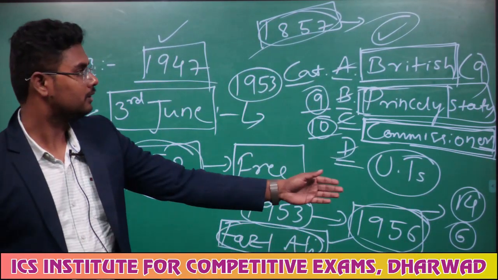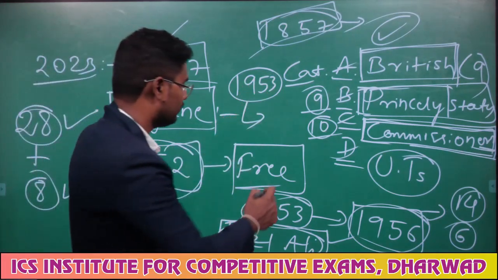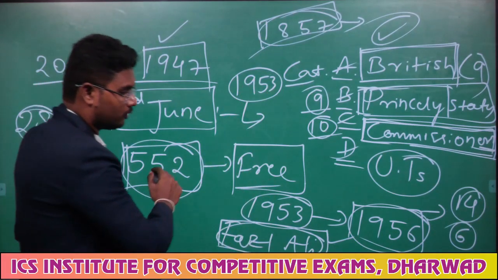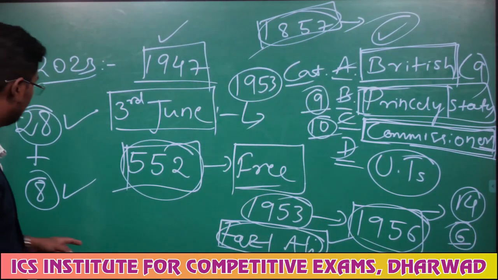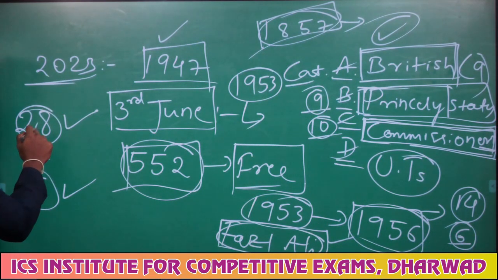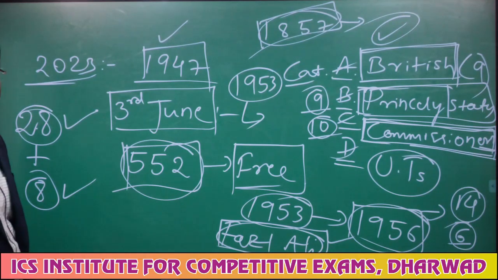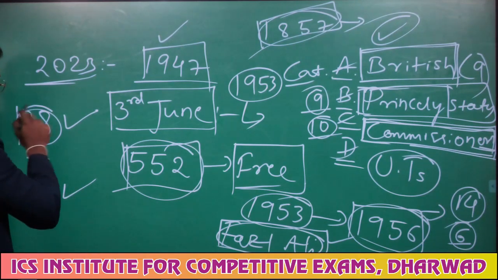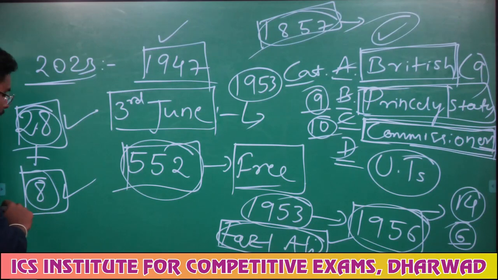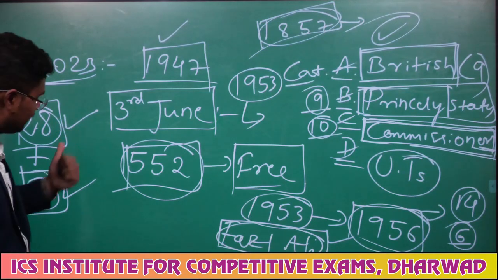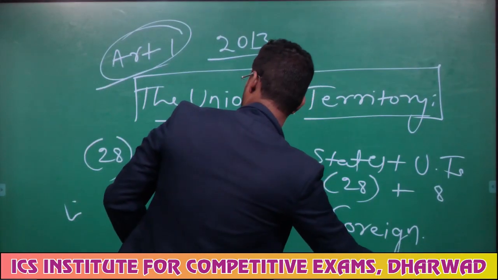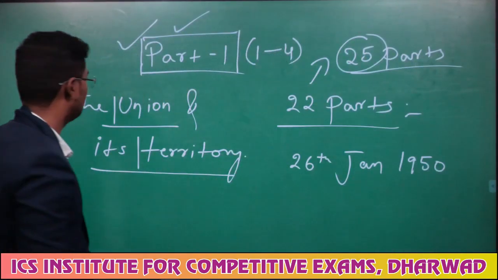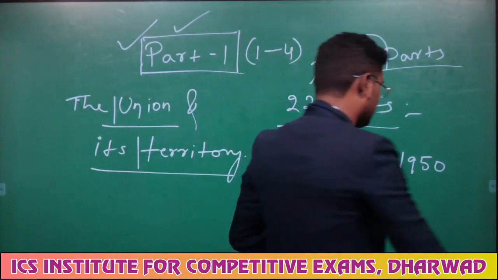So from 552 regions, we came to 14 states and 6 union territories in the year 1956. Today we have evolved into 28 states and 8 union territories. The regional extent or the territory of these states as well as union territories has been mentioned in Part 1 and under Article 1 of the Indian Constitution.